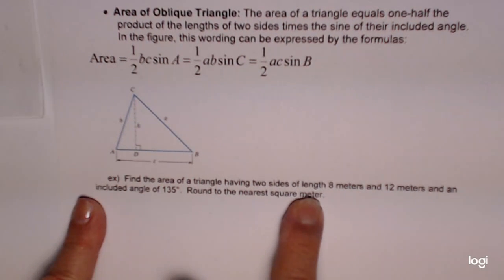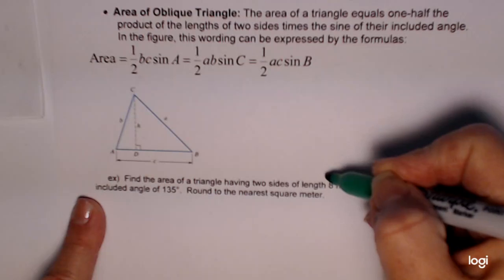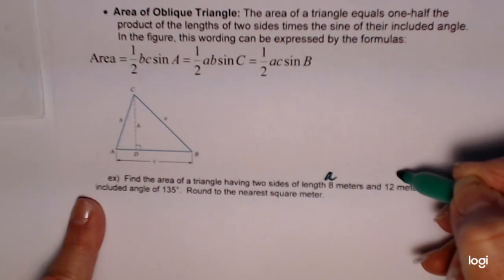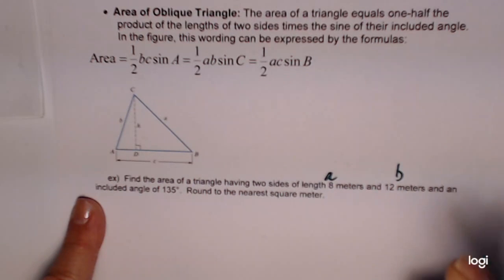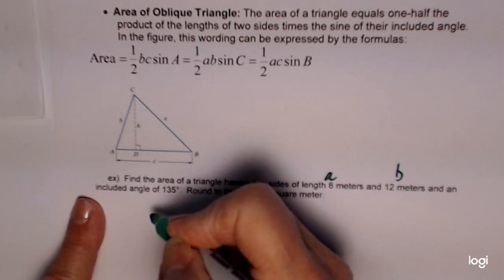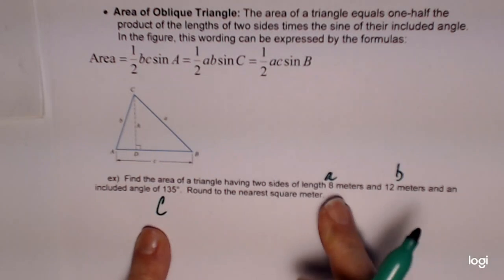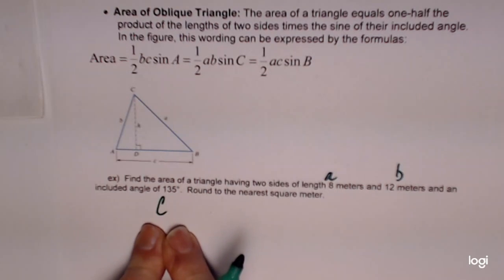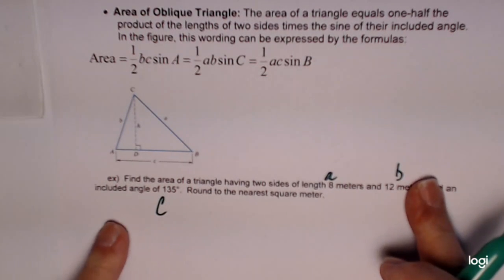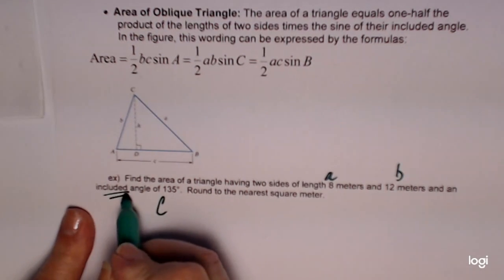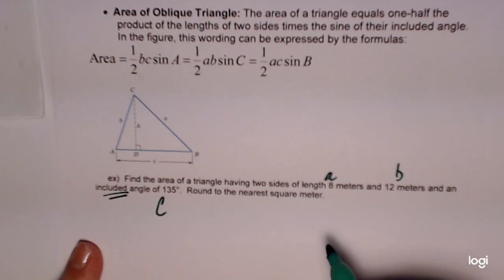So we can call this side A. We can call this side B, and then this would be uppercase C, the angle C here. It doesn't really matter how we label these, but it's two sides and this angle here, very important, is included in between them.